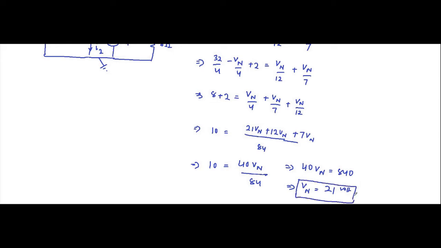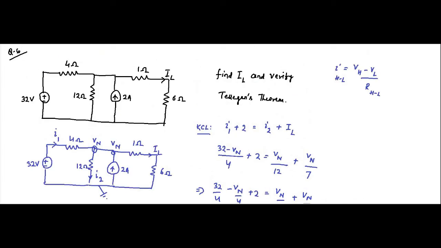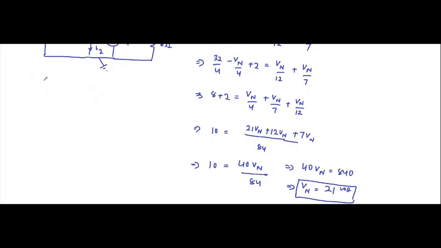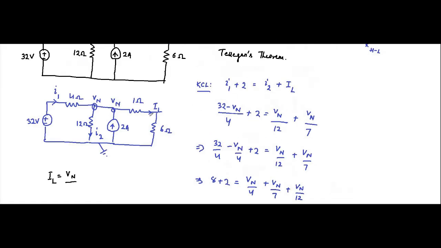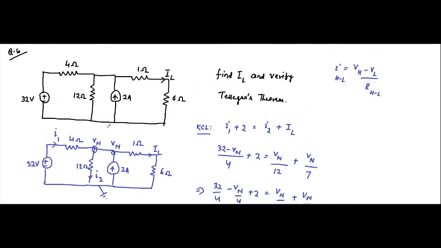So the first part of the question is to find out IL. So IL is simply Vn by 7. Okay, so let us first determine IL. IL is equal to Vn by 7 because there are two resistors, 1 ohm and 6 ohm, in between this node voltage and ground point.